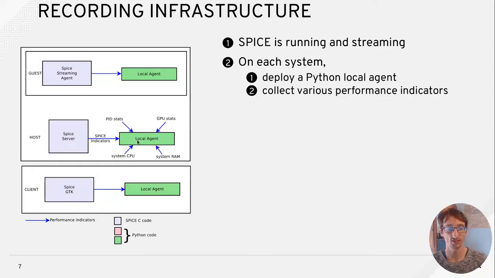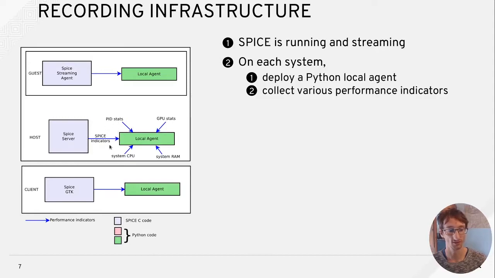In this local agent, we will run multiple plugins that will monitor different aspects of the system. For instance, the CPU load, the system RAM load, the state of the GPU, and indications specific to the Spice process, so in particular how much CPU it's consuming.